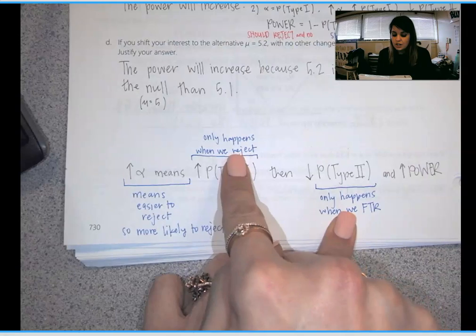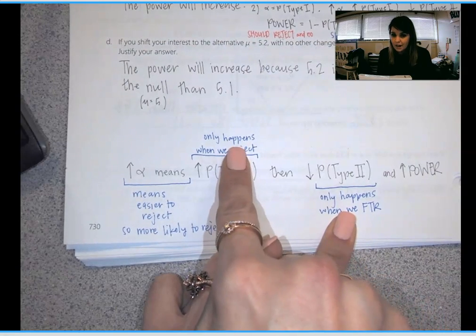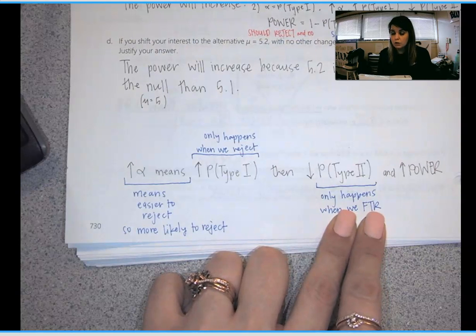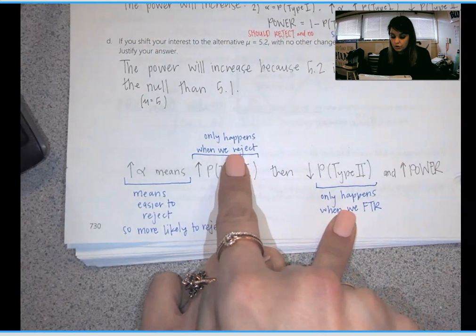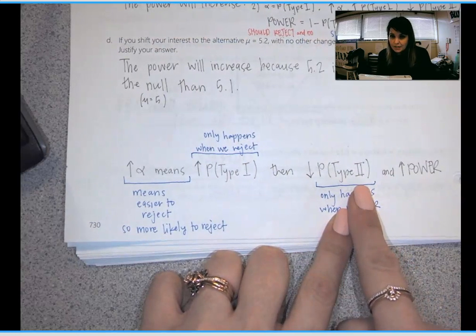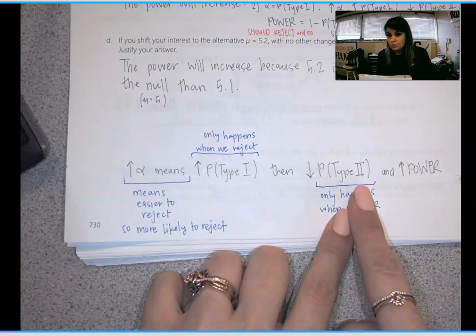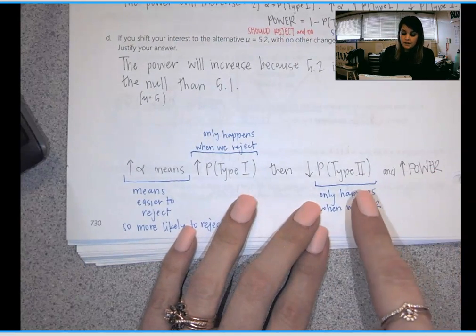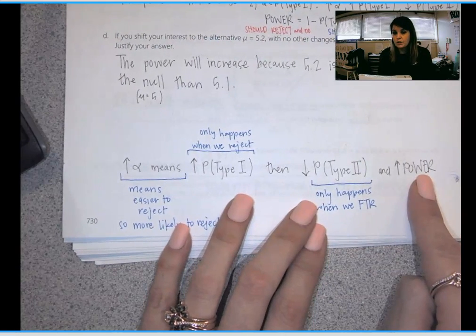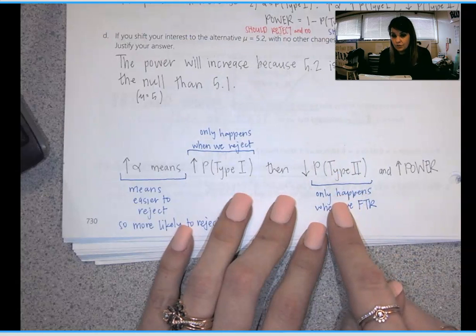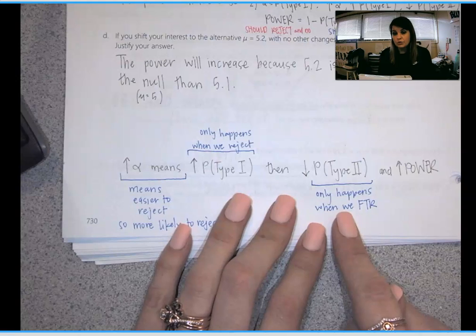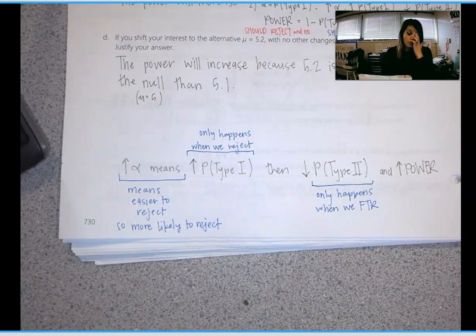So if you increase the probability that you'll reject, you decrease the probability that you fail to reject. This ends up resulting in more power. The fact that you decrease your probability of failing to reject increases power.